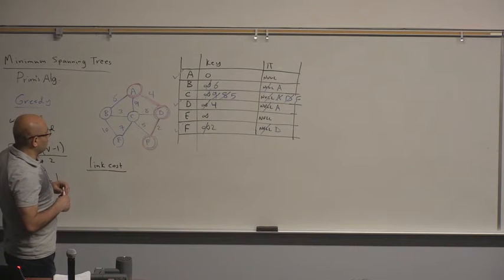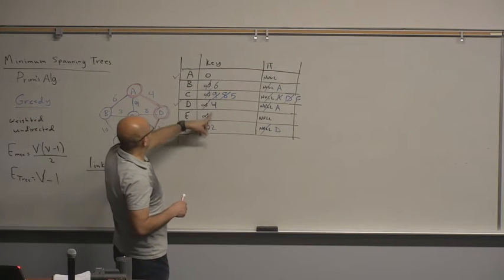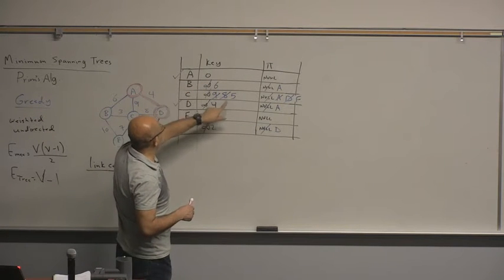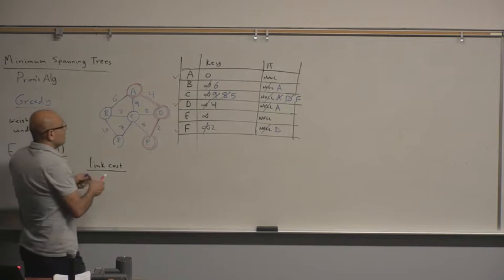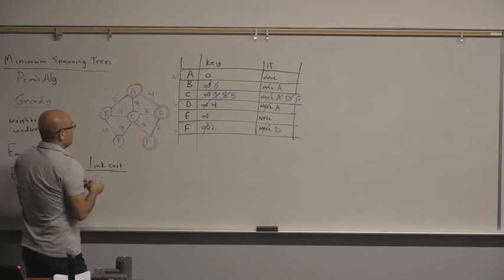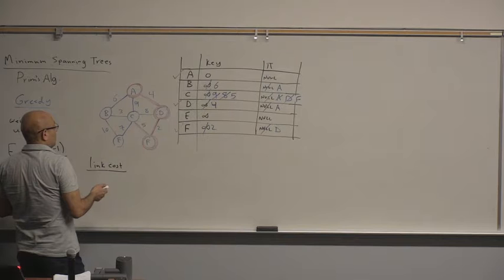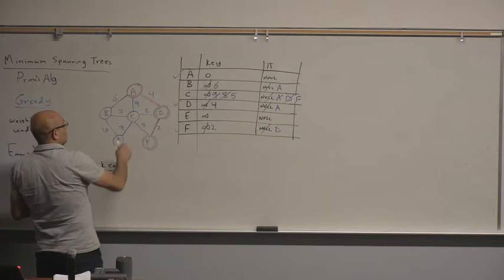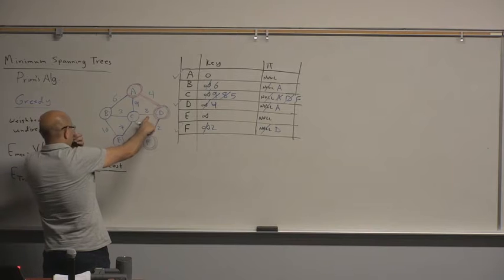Okay, so now we updated the neighbors of F. Now with what is remaining, I have 5 and 6, so I go for the 5. And then I update the neighbors of C that have not been connected yet. So I don't update A because it's connected. I don't update D because it's connected.